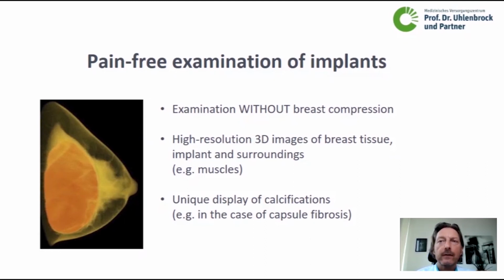That means muscles, tissue, implants, everything you want to see at the same time, and microcalcifications. So this is really a unique display of calcifications, also in case of a capsular fibrosis, which can't be seen on a mamma MRI. You can't see any calcification in a mamma MRI. So this is the next step, I think.